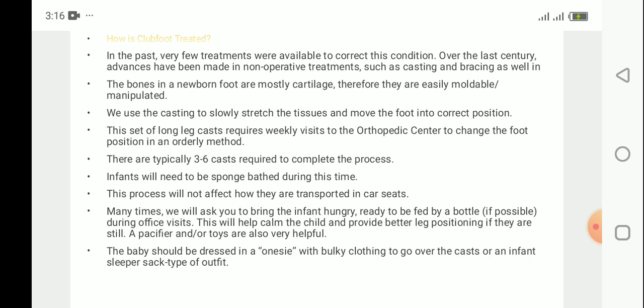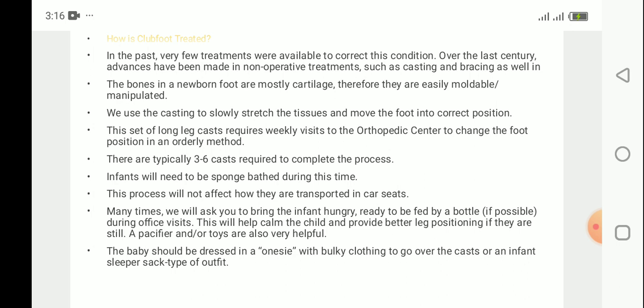They are treating the bones in the newborn, which are very cartilaginous and can be molded and manipulated easily, so casting is a very good method to treat.